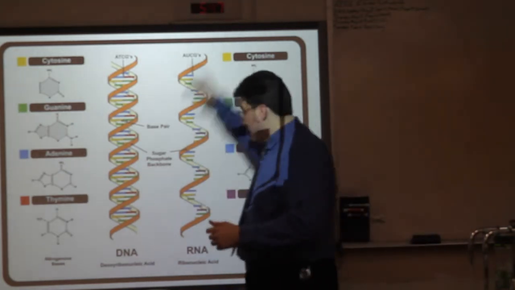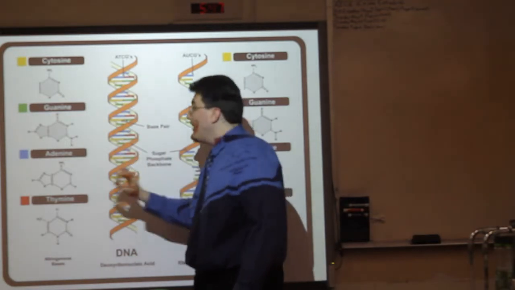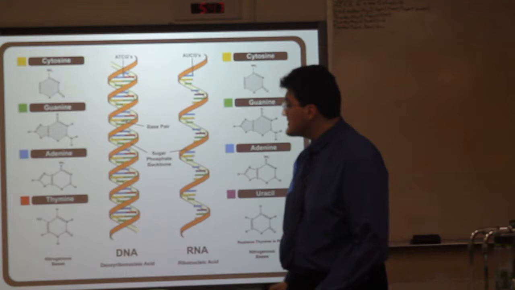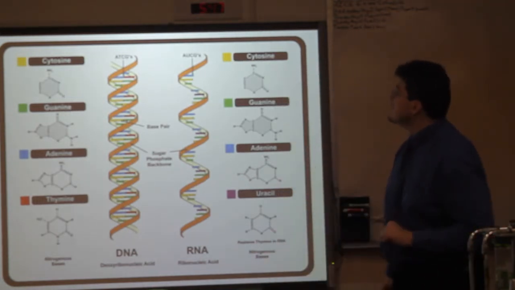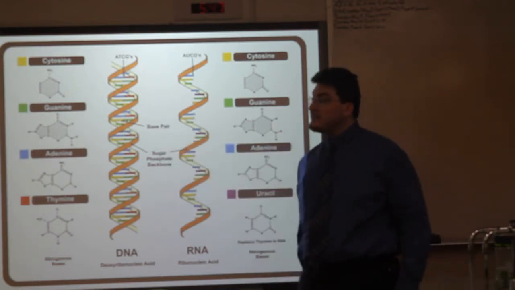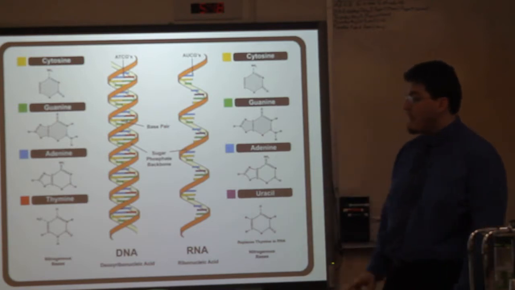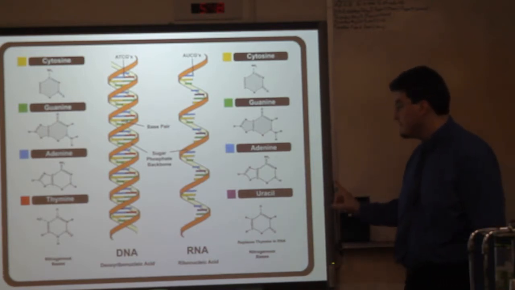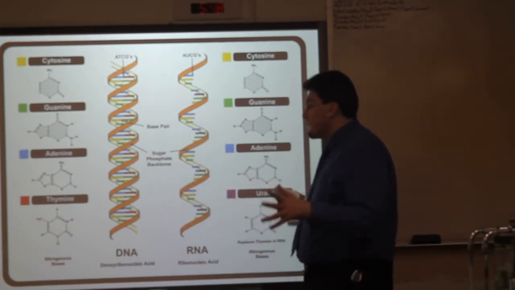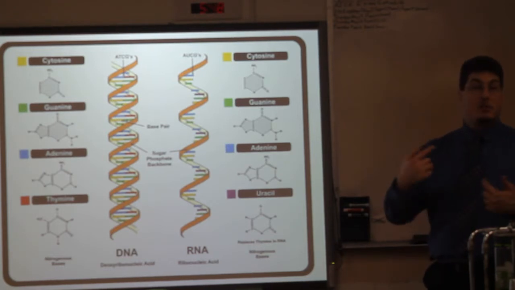You make DNA and you make RNA. So DNA is composed of cytosine, guanine, adenine, and thymine nucleotides. Those are the nitrogenous bases. And RNA, the nitrogenous bases, are cytosine, guanine, adenine, and uracil. Uracil replaces thymine. The only difference between thymine and uracil is one methyl group. That's it. So DNA and RNA have a lot of different structural things associated with them. We will discuss those in much more detail later.